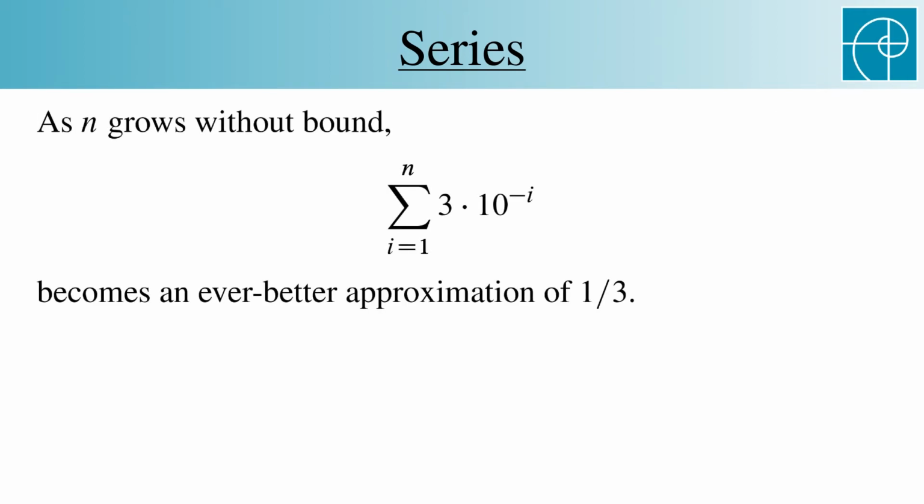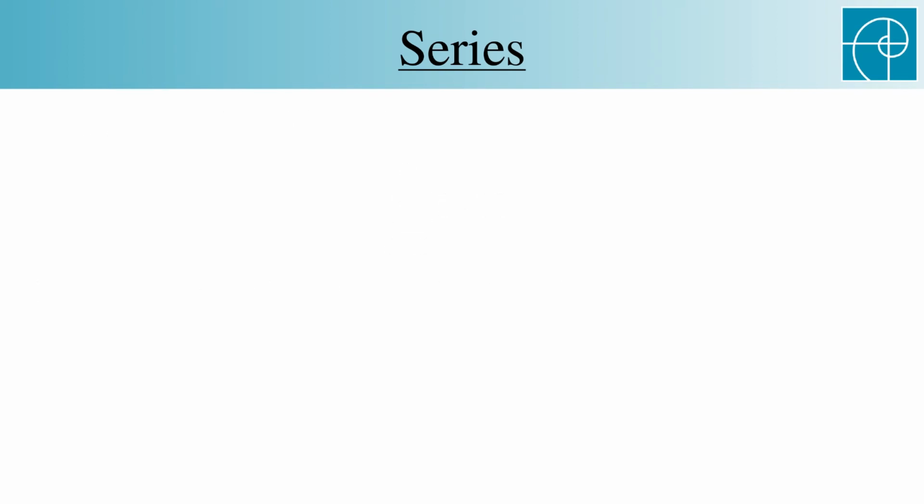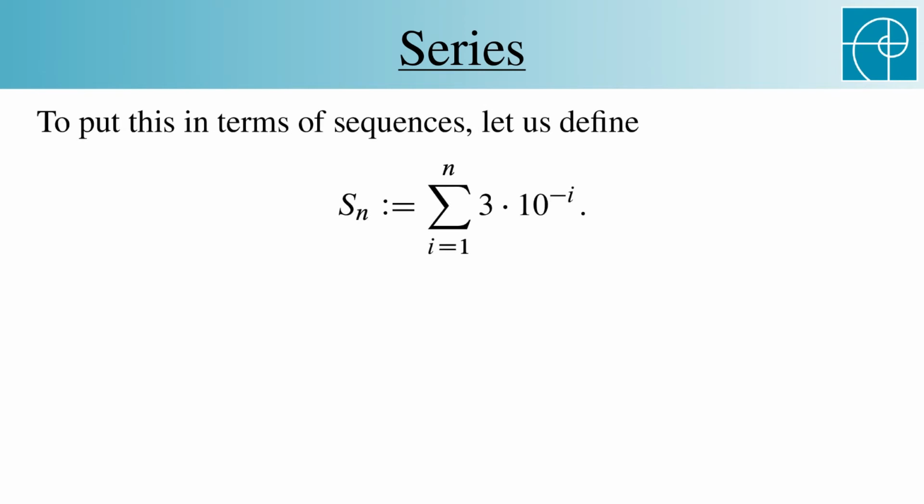As n grows without bound, this sum becomes an ever better approximation of 1/3. To put this in terms of sequences, let's define s sub n to be the sum from i equals 1 to n of 3 times 10 to the negative i. Then the limit as n goes to infinity of s sub n equals 1/3.